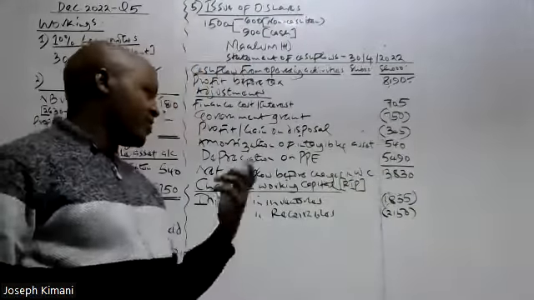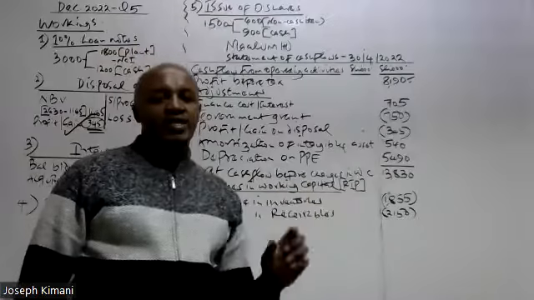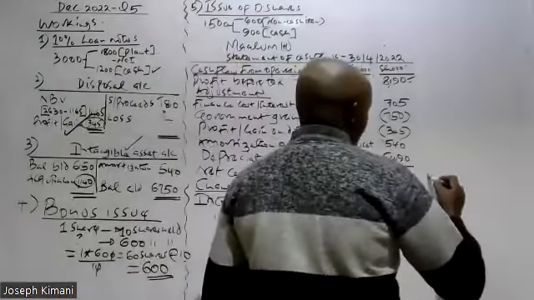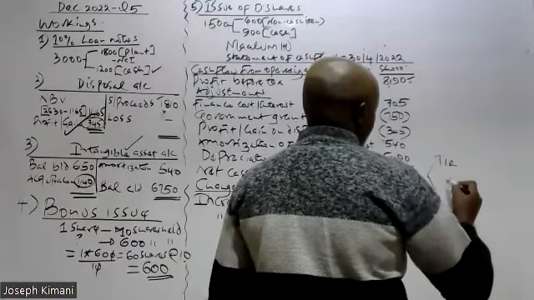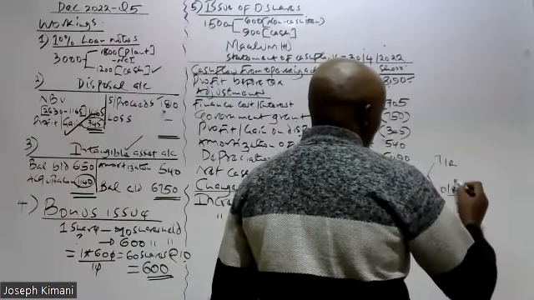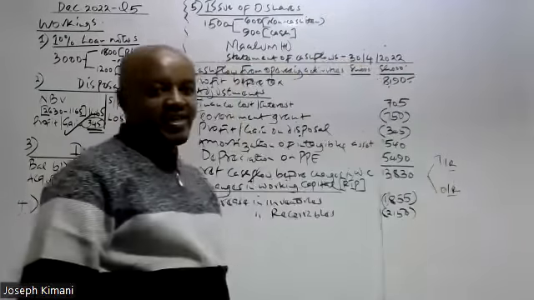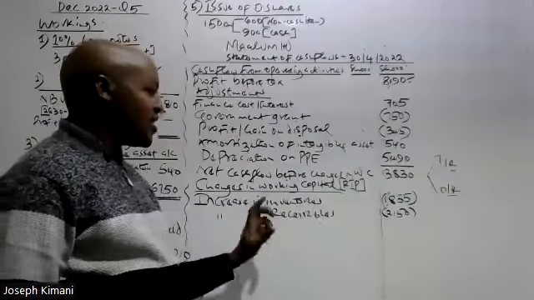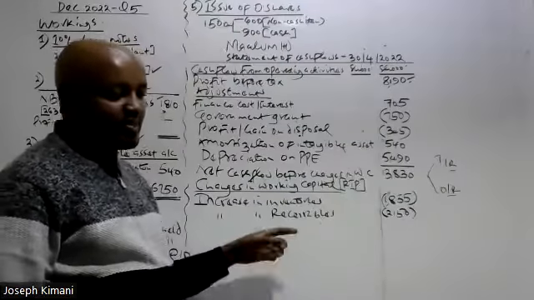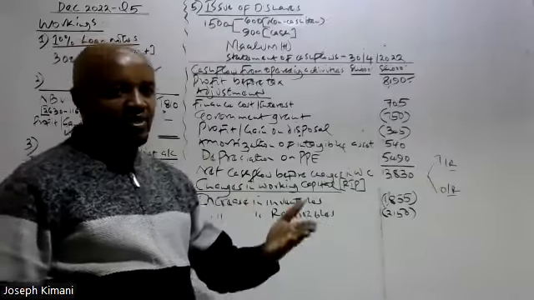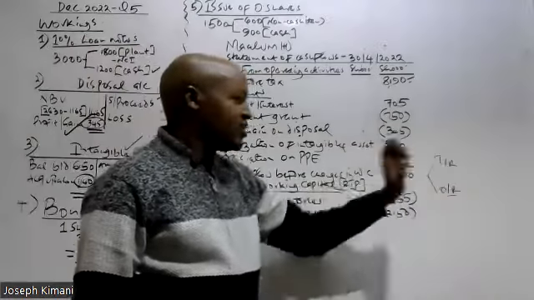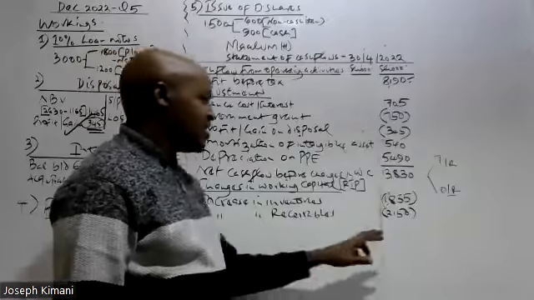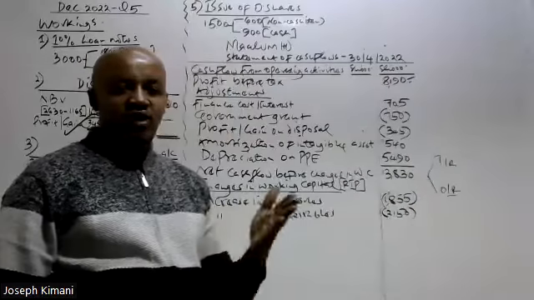It is also important for me to mention here that when taking into account receivables, there are some questions whereby you may be given trade receivables and other receivables. You consider both of them here, provided it is a receivable. Whether it is a trade receivable or other receivable, you consider it here separately. If you are given trade receivables, you need to determine was there an increase or decrease, and you also do the same for other receivables.